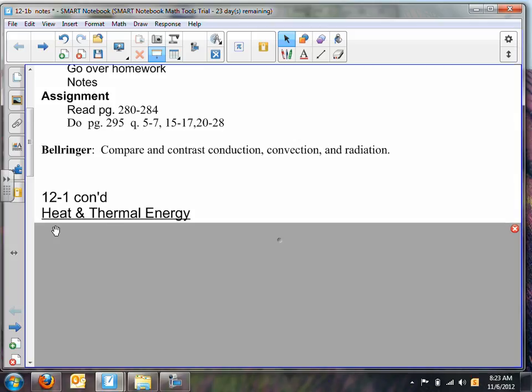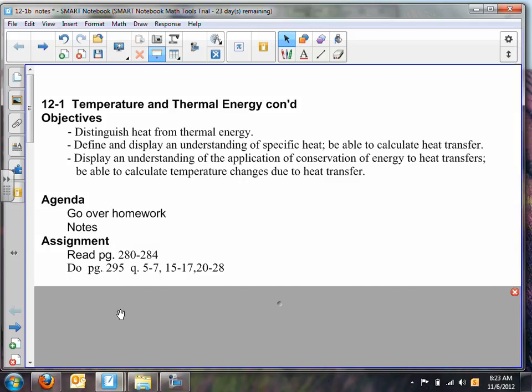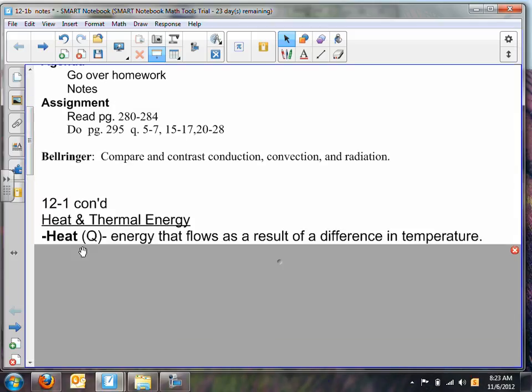So, section 12.1, heat and thermal energy. Heat is different from thermal energy, and it's different from temperature. Heat is actually a type of energy. It's the energy that flows as a result of a difference in temperature.